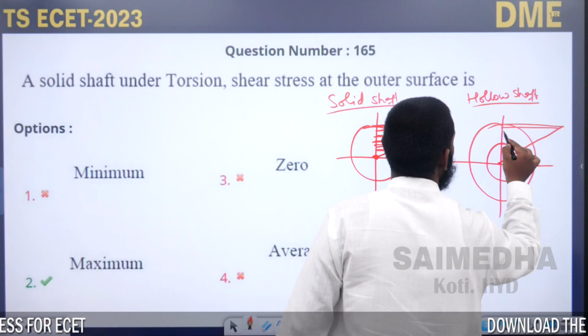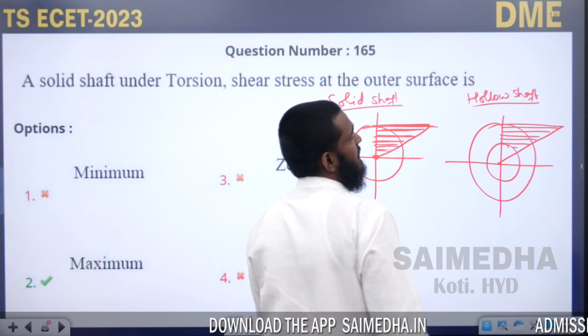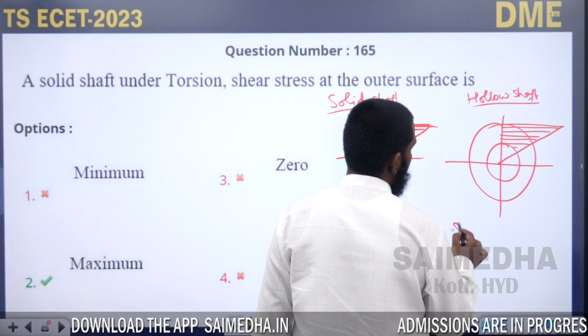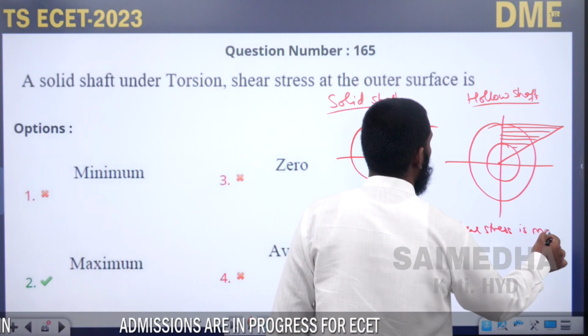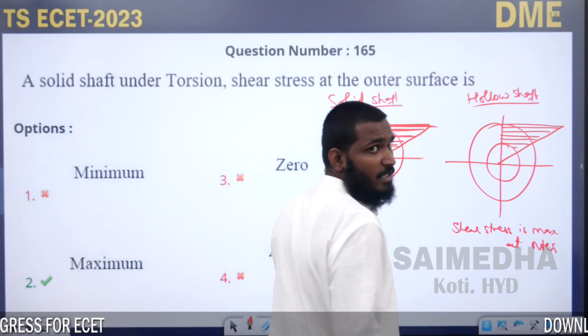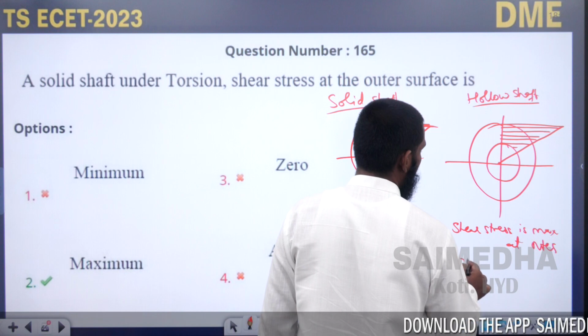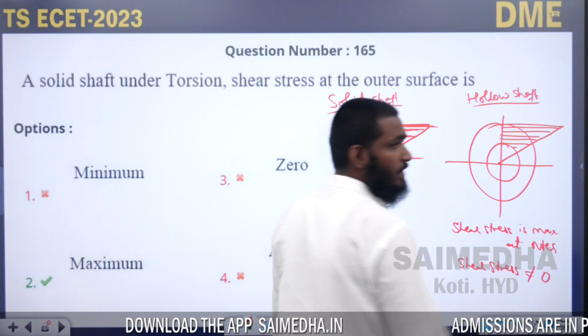Now this is the shear stress distribution we are having. Shear stress is maximum at the outer surface only, but it is not equal to 0.